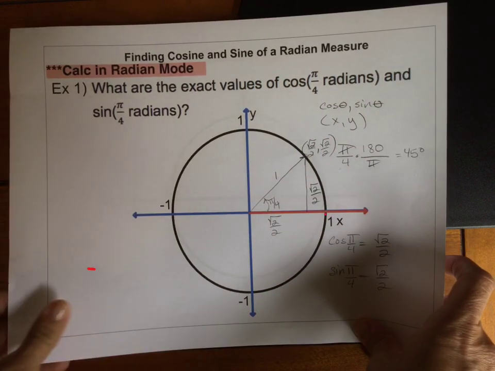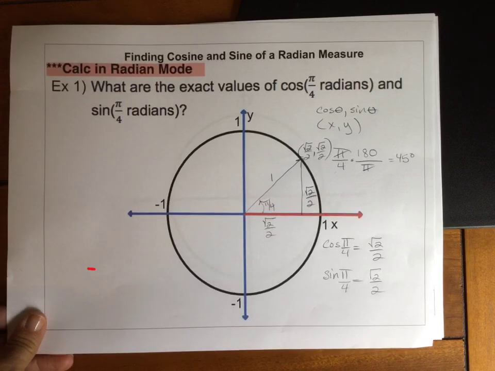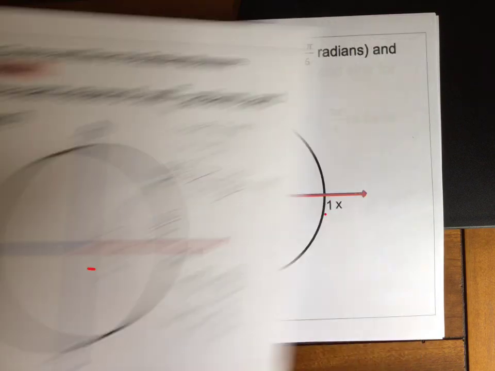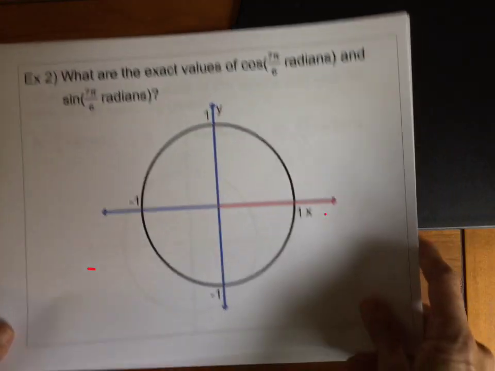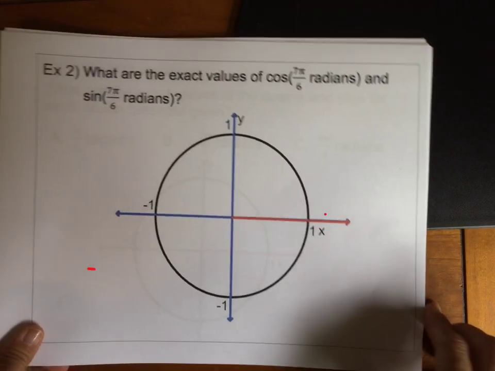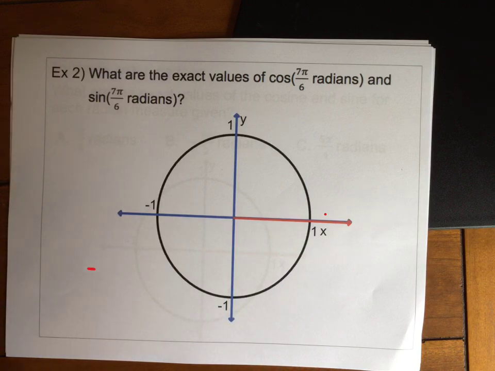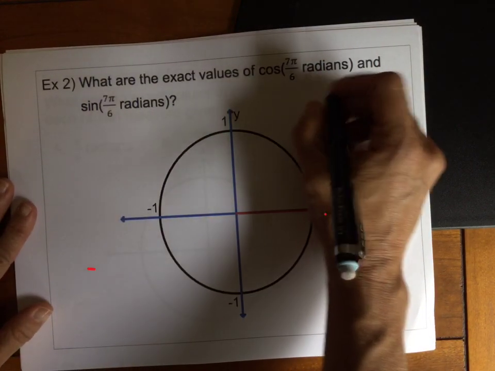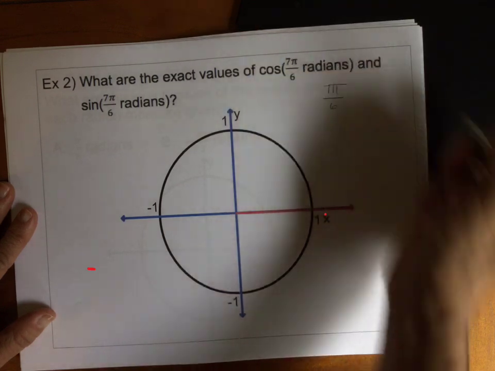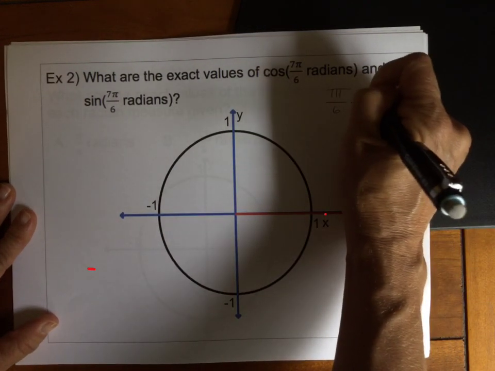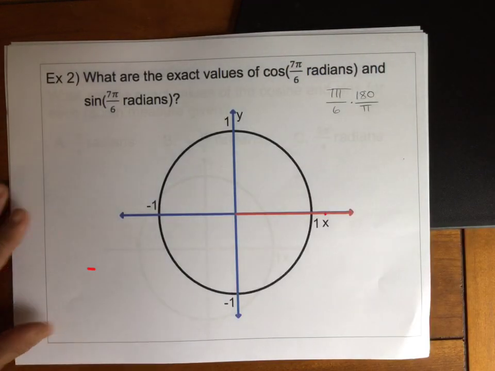We're going to look at one that maybe is a little more challenging than pi over 4. So we're going to look at 7 pi over 6. Where in the heck on the unit circle, if I'm not looking at it, is 7 pi over 6? So honestly, until you use the unit circle a long time, it's best to just convert it to degrees.